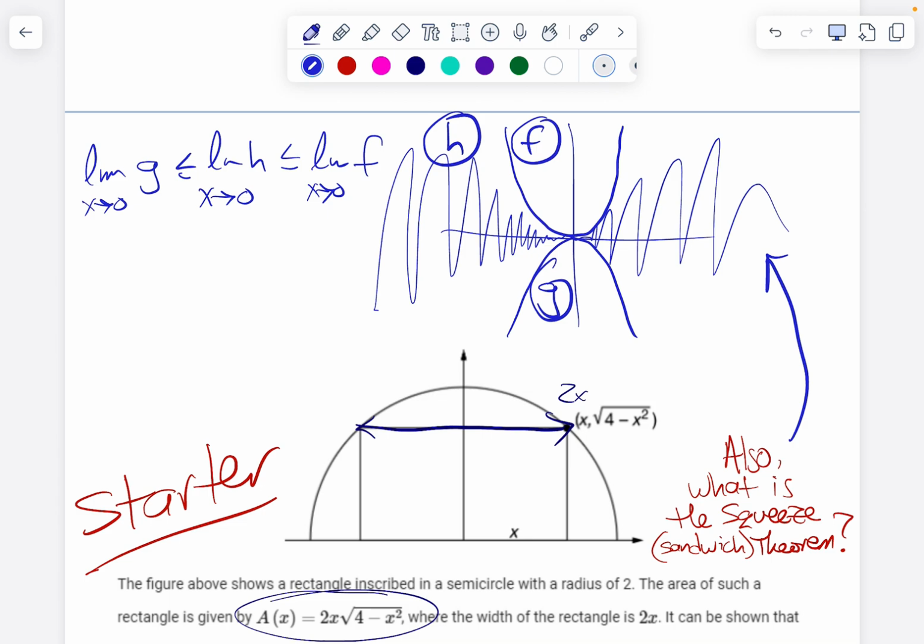Okay, yeah, if we weren't told that the inequality was true, if that was not told to be holding true. And then the other one was if the limits as g and f went to whatever value, if those didn't exist, then the limit wasn't going to exist either. Okay, does that ring a bell?